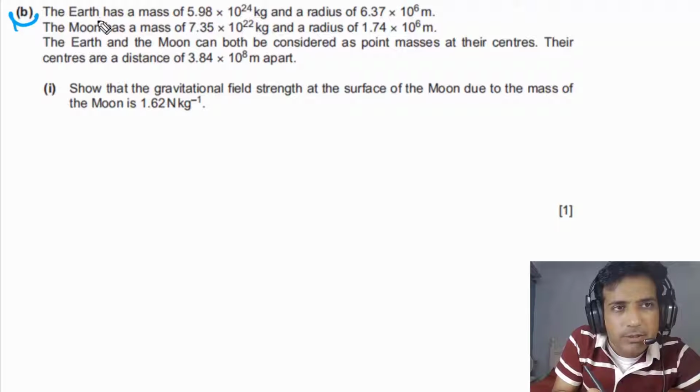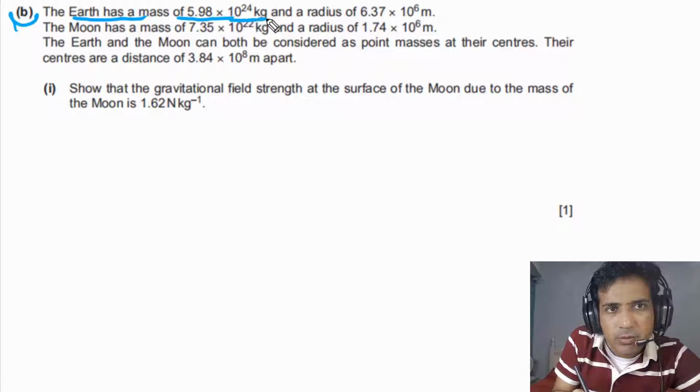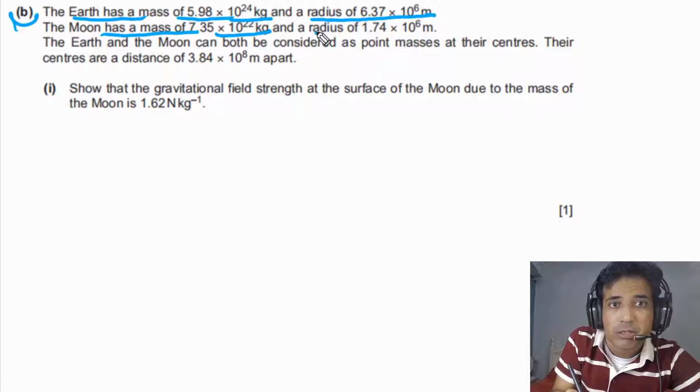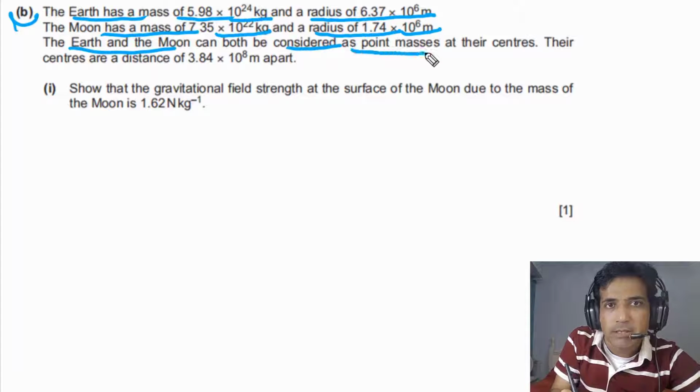For part B, it is given to us the Earth has a mass of 5.98 times 10 to 24 kgs and a radius of 6.37 times 10 to 6 meters. The Moon has a mass of 7.35 times 10 to 22 kgs and radius of 1.74 times 10 to 6 meters. The Earth and the Moon can both be considered as point masses at their centers.